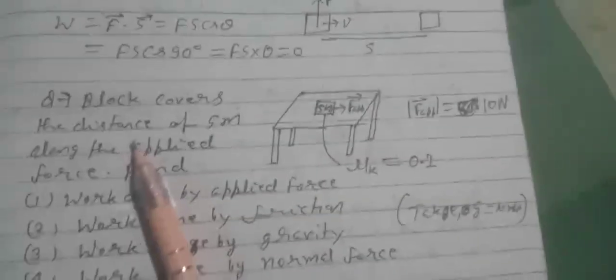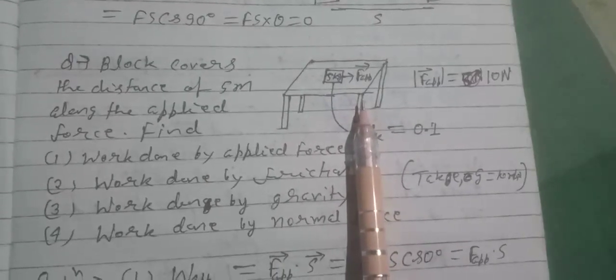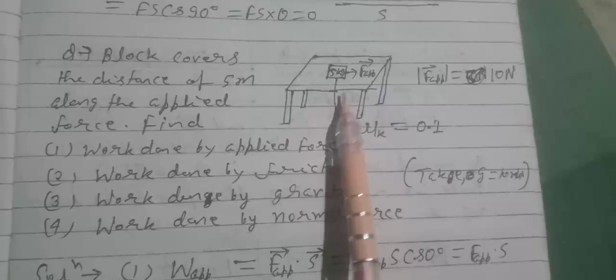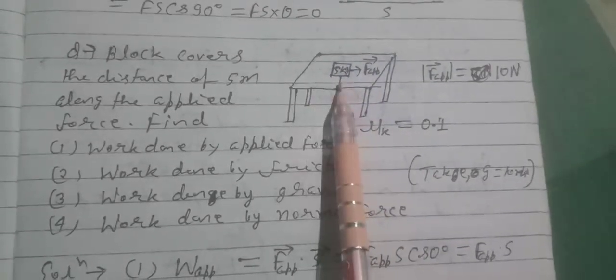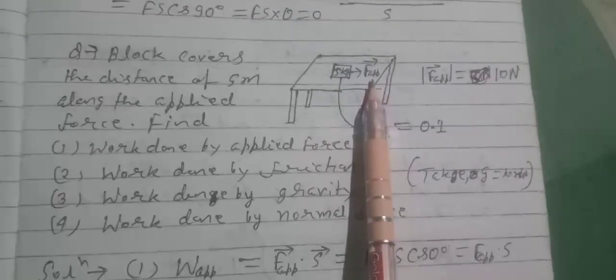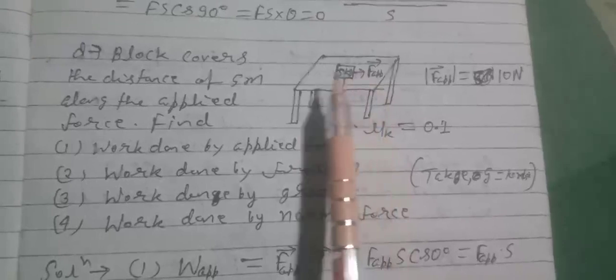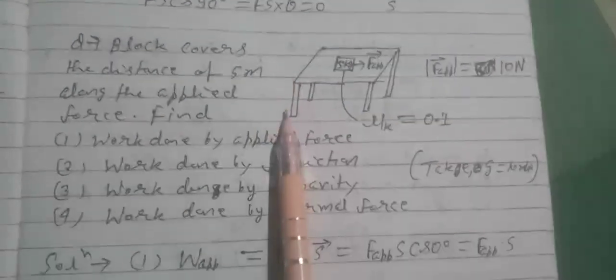Question. Here a block is placed on the table and the mass of the block is 5 kg. A force is applied on it horizontally, and this block covers a distance of 5 meters along the applied force.